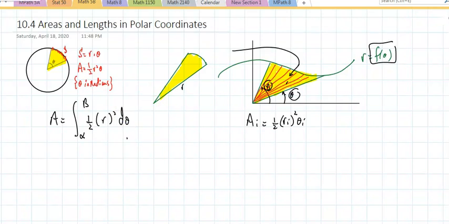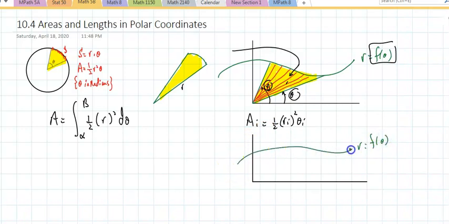And if I wanted to find the area of a sector in which I have R equal f of theta, and R equals some g of theta, and if I wanted to find the following area, just like we did with rectangular coordinates, you know how when we drew our rectangles we picked top minus bottom?